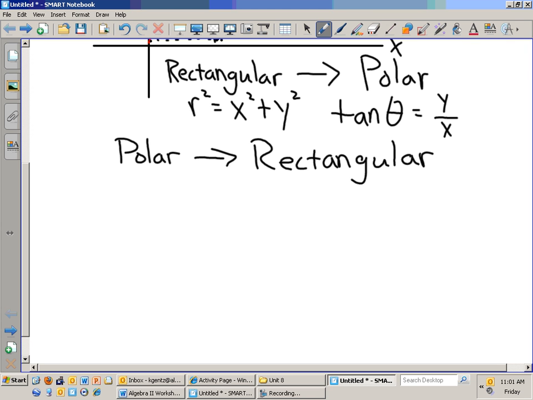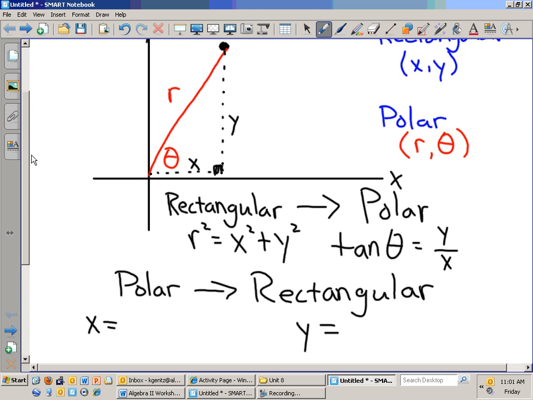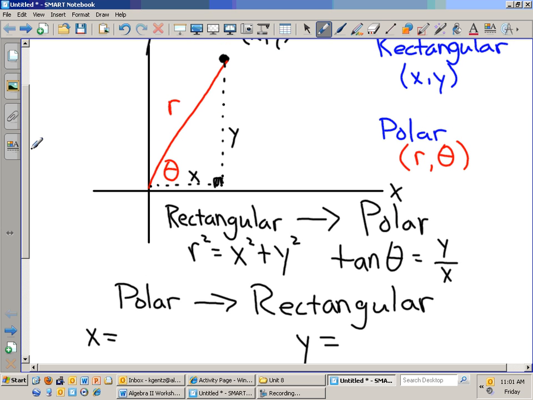And namely, x is going to be equal to something, and y is going to be equal to something. Well, let's look at the x value right away. If we're given a polar coordinate, that involves r and theta, and we're trying to solve for x. So we're looking at this portion right here.